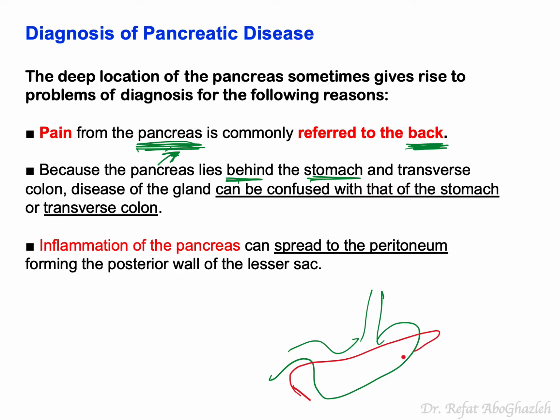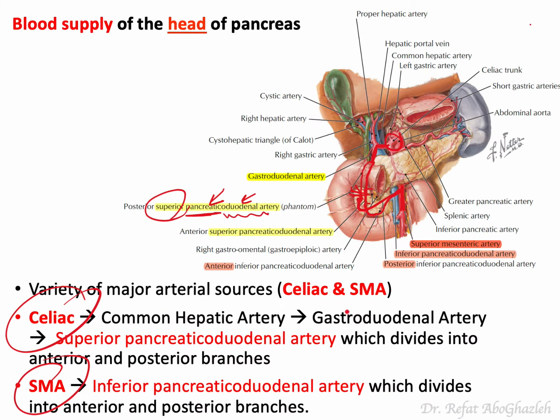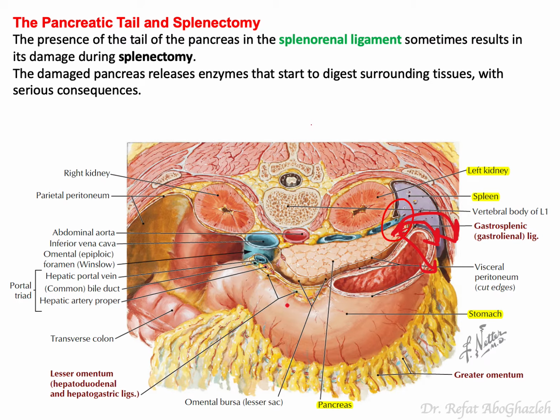And from that relationship, with the stomach in front and the pancreas behind it, inflammation of the pancreas can spread to the peritoneum, especially to the lesser sac that is behind the stomach. Let me show you what I mean. You remember this is the stomach. There is a space between the pancreas and the stomach, the lesser sac.